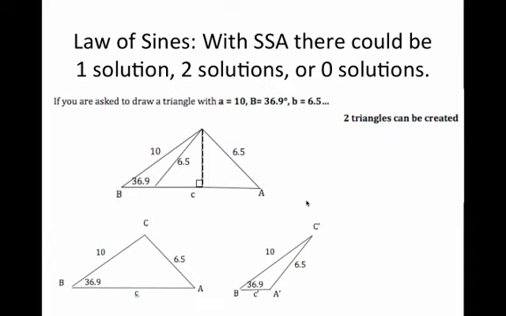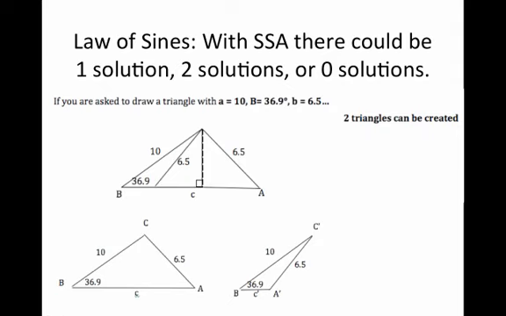It's best to look at this through a graphical example. If you were asked to draw a triangle with side A equal to 10, angle B is 36.9, and side B is 6.5, there are actually two triangles that we can draw. If I call your attention down to these two triangles at the bottom, you'll see that the 36.9 and side 10 look exactly alike.